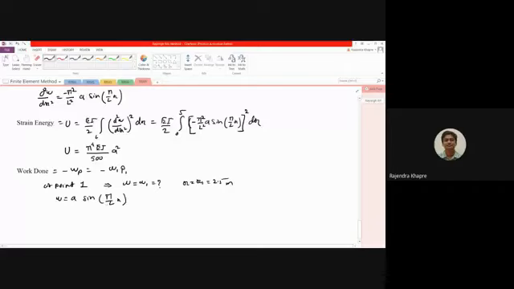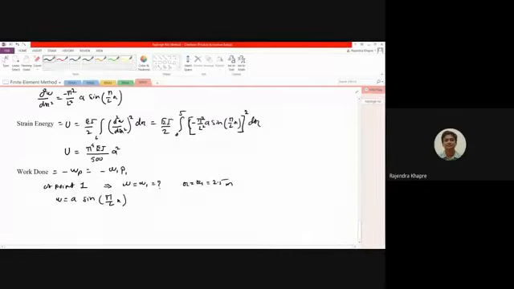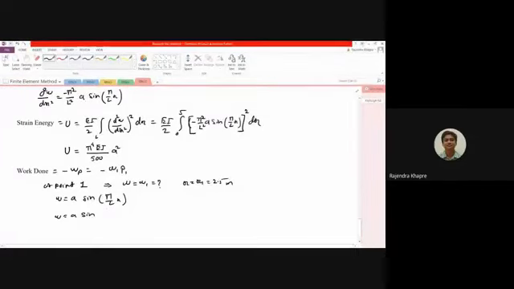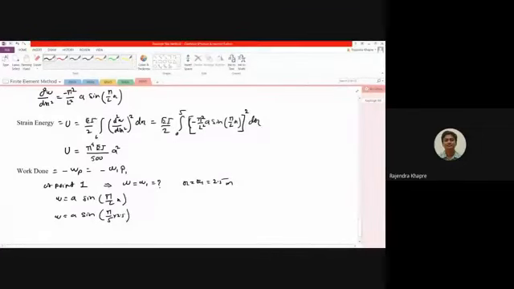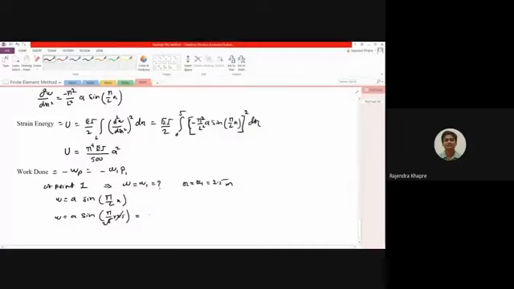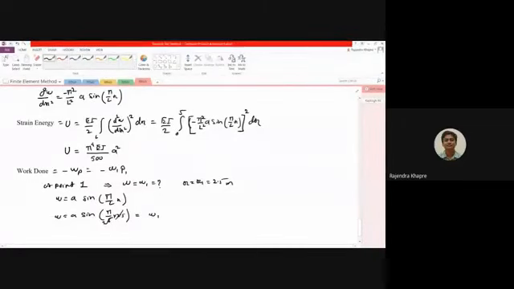So this sine of π by 2 is nothing but your 90 degree, and it will be always 1. So your W will be A into sine of π into 2.5 over 5, so this will be half, and ultimately the value of deformation at that particular point, point number 1, is nothing but your A value. That is a constant value.